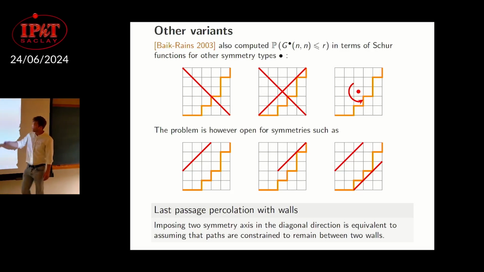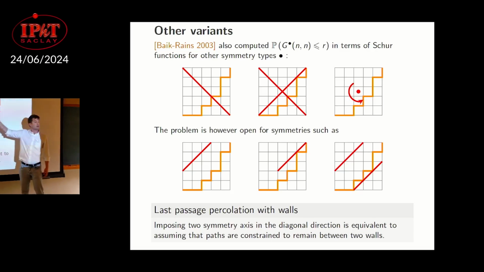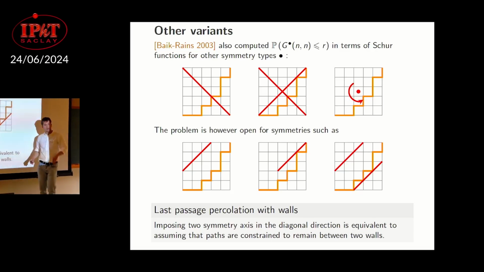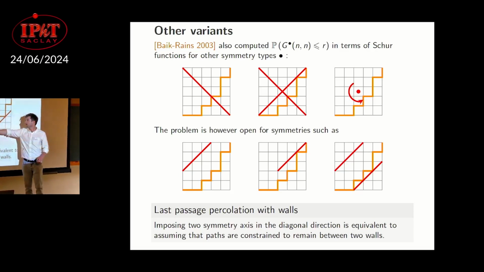These two cases are open, and another case which is open is this one, when we impose two symmetry axes. Or, coming back to your question, it also corresponds to assuming that the paths that go from here to here, instead of imposing this symmetry on the weights, we can just impose that the paths stay between two walls.